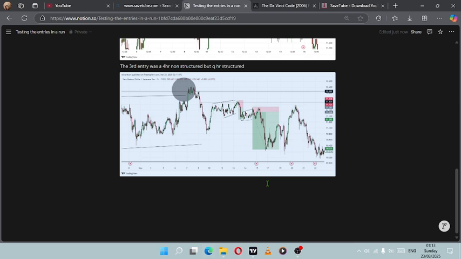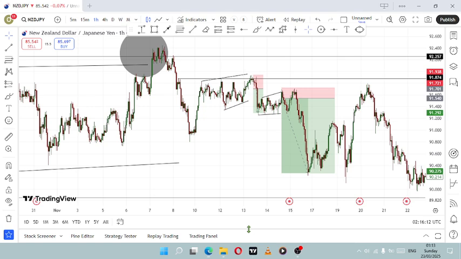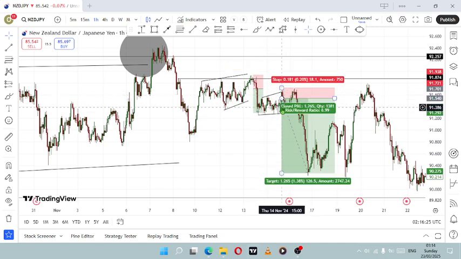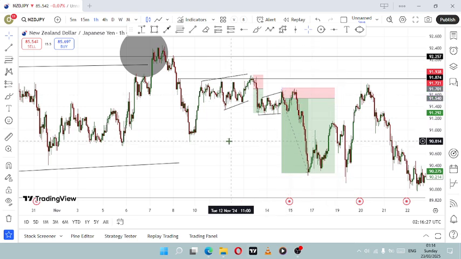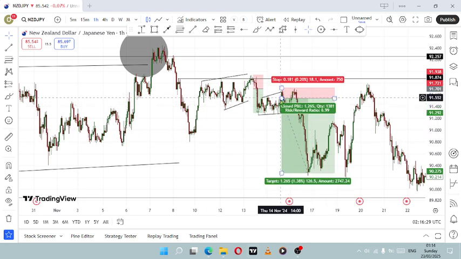If it is a 4 hour non-structured but a 1 hour structured, we can take it as a risk entry. And here we can see that there was a 1, 2, 3 driving price, a correct flag pattern, price dropping impulsively, and I took the entry.